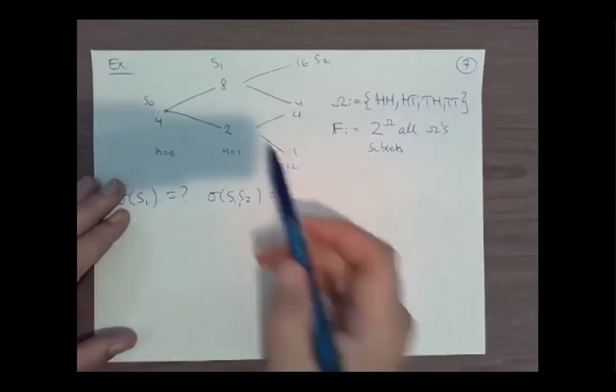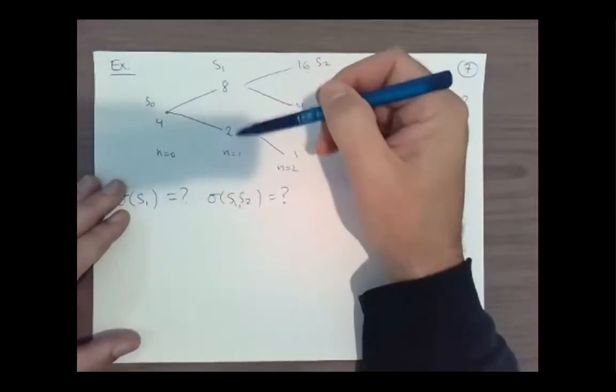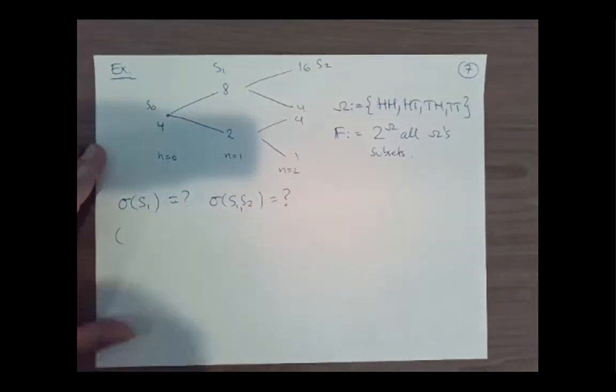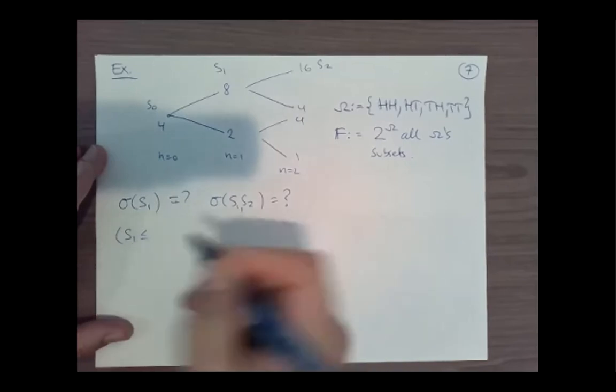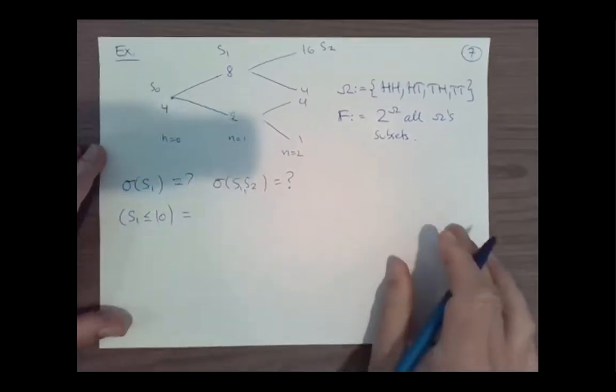So if I'm looking at S1, there are values 8 and 2. If I'm looking at the set when S1 is less than, say, 10, what do I get?